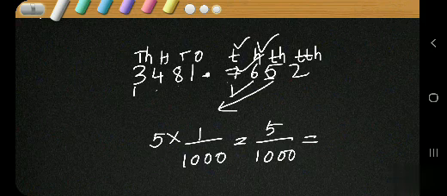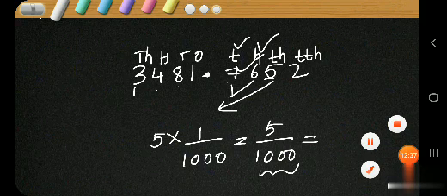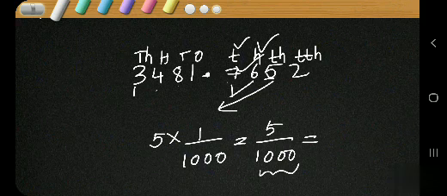3 decimal places will be there in the answer. Why? Because in 1000 there are 3 zeros. But we have been given only one digit, 5.